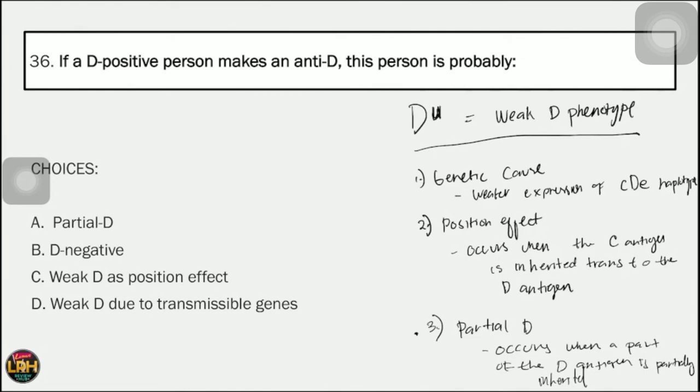So it would type as D positive or Rh positive, a D positive person making anti-D antibodies. Remember also that partial D, we term this as mosaic. So for number 36, this is a presentation of a partial D or a mosaic mechanism for weak D phenomenon. So number 36, that is letter A, partial D.